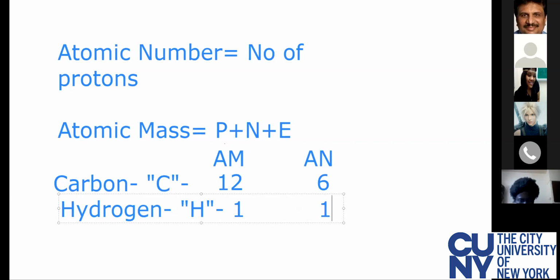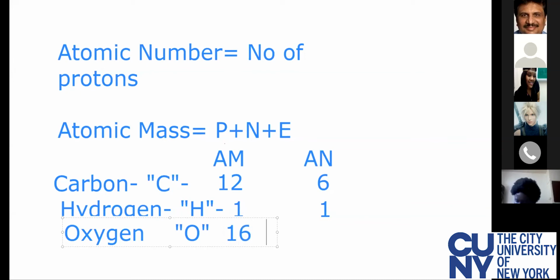In case of oxygen, it is represented by the single letter O, the atomic mass is 16 and the atomic number for oxygen is 8, right?